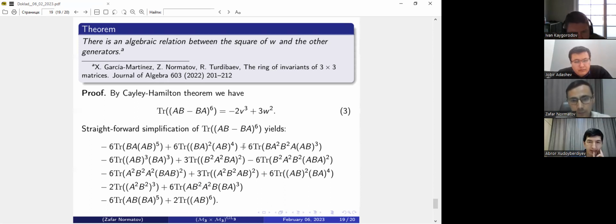This one, this one, this one, also this one, and this. And so we have the following four traces for which we cannot use the Cayley-Hamilton theorem, right?